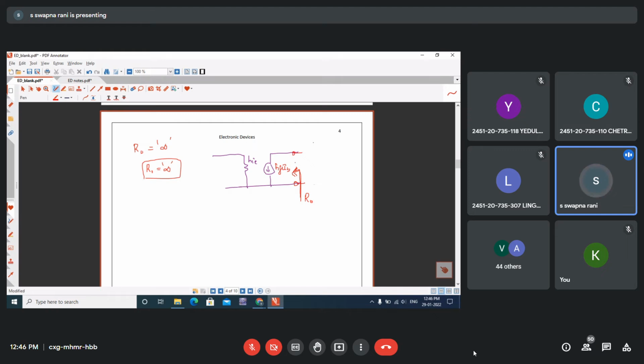But here there is no resistance seen across the current source. Across the current source, no resistor is connected. It means that the resistance is infinite. Therefore, we say that R0 is infinite.